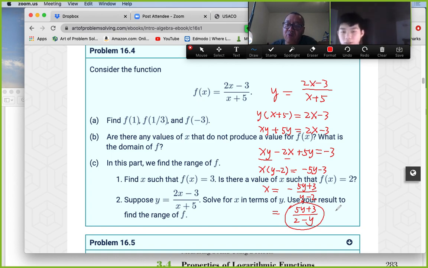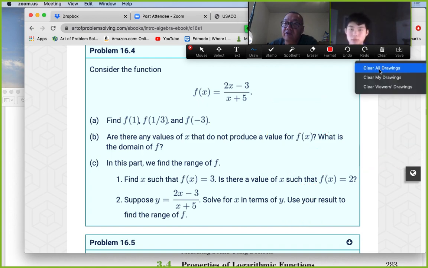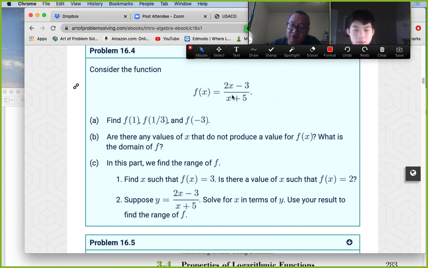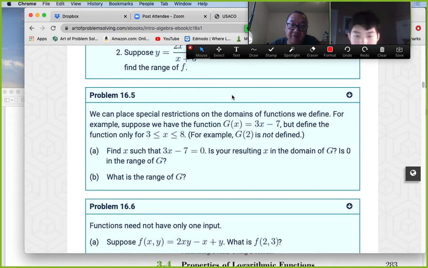Yeah, y cannot equal 2. So the range of this function is y cannot equal 2. This one is the range, right? Yeah. Okay, very good.